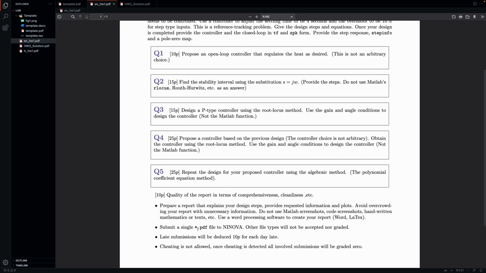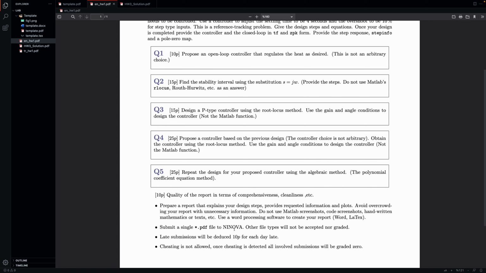When you submit it, please create a single PDF file and upload it to Ninova. Nowhere else, no emails, because it's becoming too crowded, because this is not the only course that I'm assisting here. Just use Ninova.